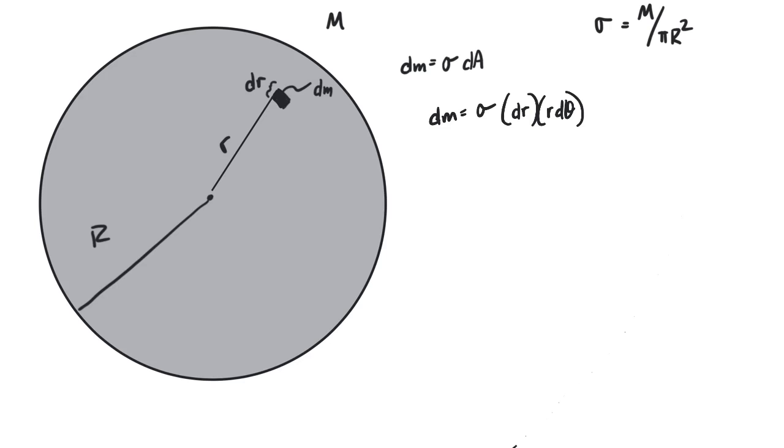I know it's looking complicated. It's about to get more so. Because I is the integral of dm times r squared. Here's where it gets a little funky. That's going to be the integral of sigma times dr times r d theta times r squared.